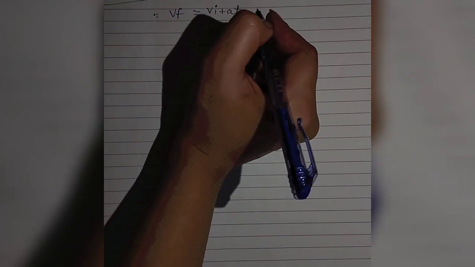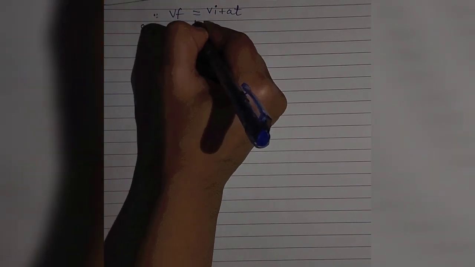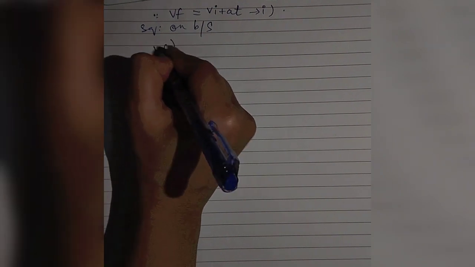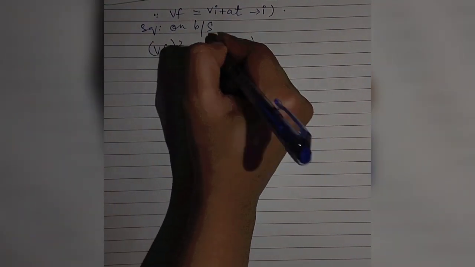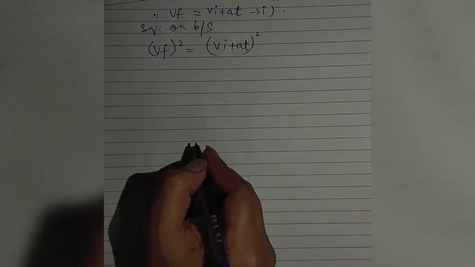We know that equation number 1 is Vf is equal to Vi plus at. Now, just taking the whole square on both sides of this equation number 1, Vf whole squared is equal to (Vi plus at) whole squared. Very simple.